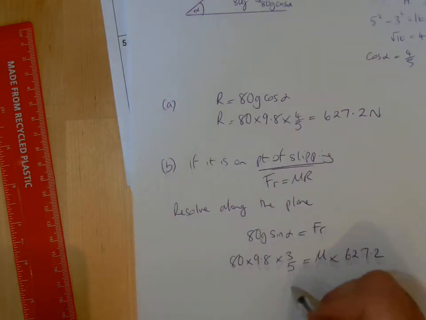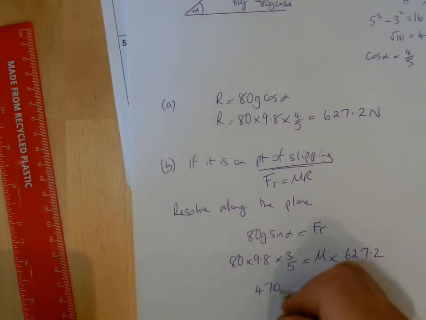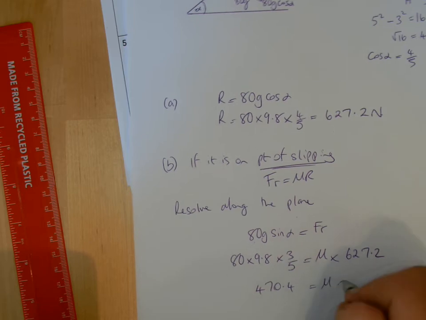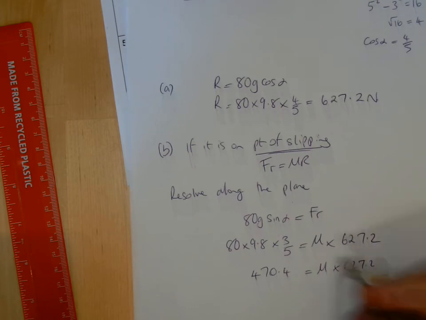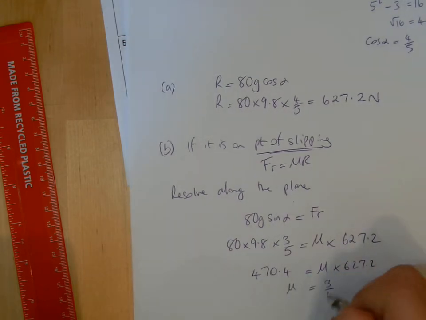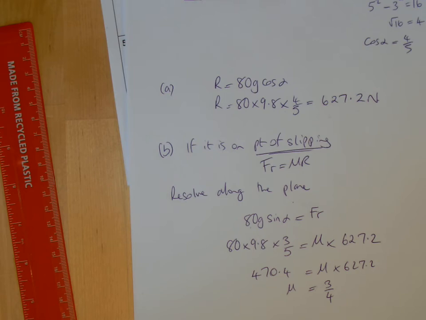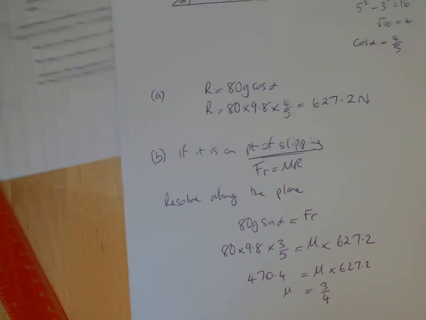On the left hand side, that's 470.4. Of course, to get mu, we divide that answer by 627.2, and it works out nicely that mu is just 3/4. Exactly 0.75, or you can write it as a fraction, 3/4.